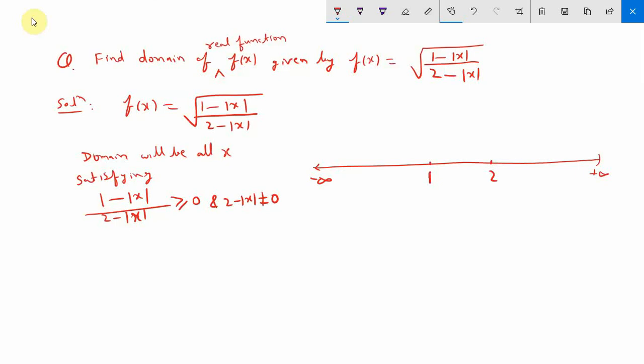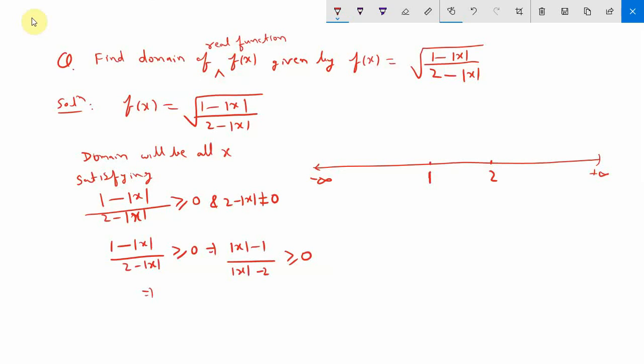So next we will check (1 minus mod of x) divided by (2 minus mod of x) is greater than or equal to 0. It implies (mod of x minus 1) divided by (mod of x minus 2) is greater than or equal to 0.